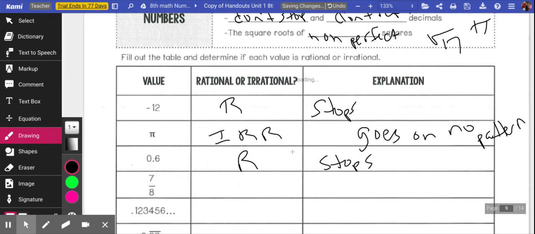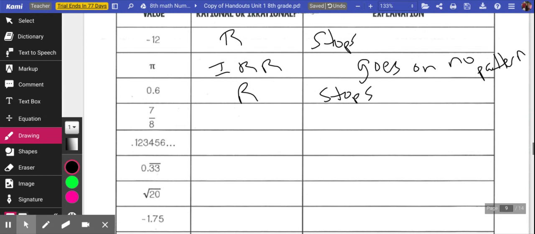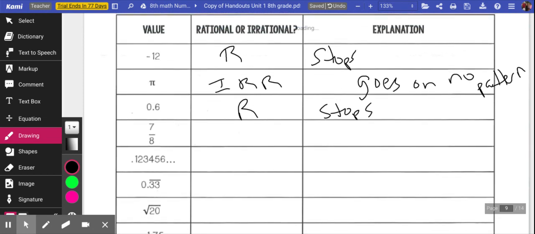And you can pause the video if you want to try these on your own, but I'm just going to keep talking about them. 7/8. So, what do you think you have to do for that? You have to divide it and turn it into a decimal. I can't remember exactly what it is right now, but it is rational.